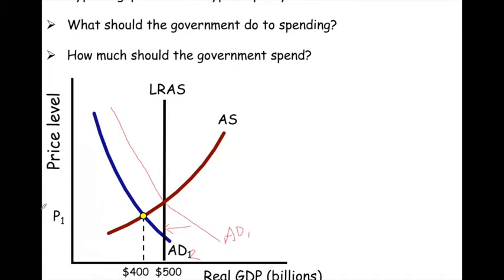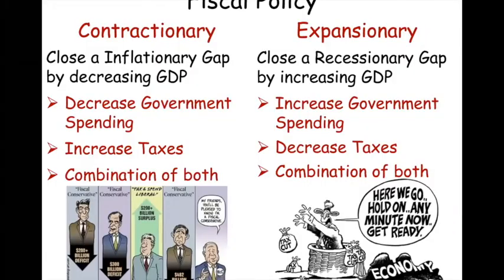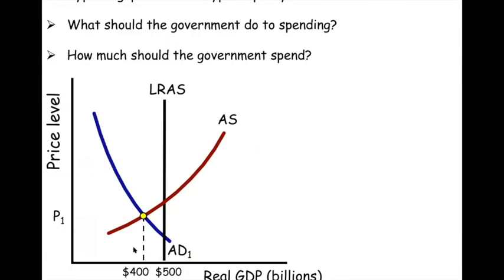Now, you're correct in showing the recession, but how we got there, I don't know what the situation is. It could have been aggregate supply decreased, okay? If they don't tell you and they say it's a recession or they say it's an inflation, just draw the gap and don't show the shifting how we got there, because I don't know what caused this situation. All I know, this is the situation we're starting from and we have to fix it from here, okay?